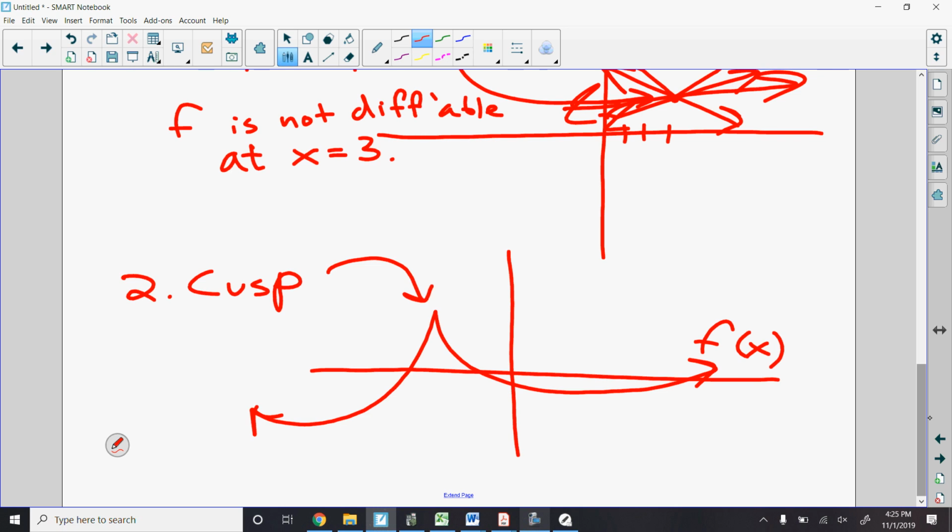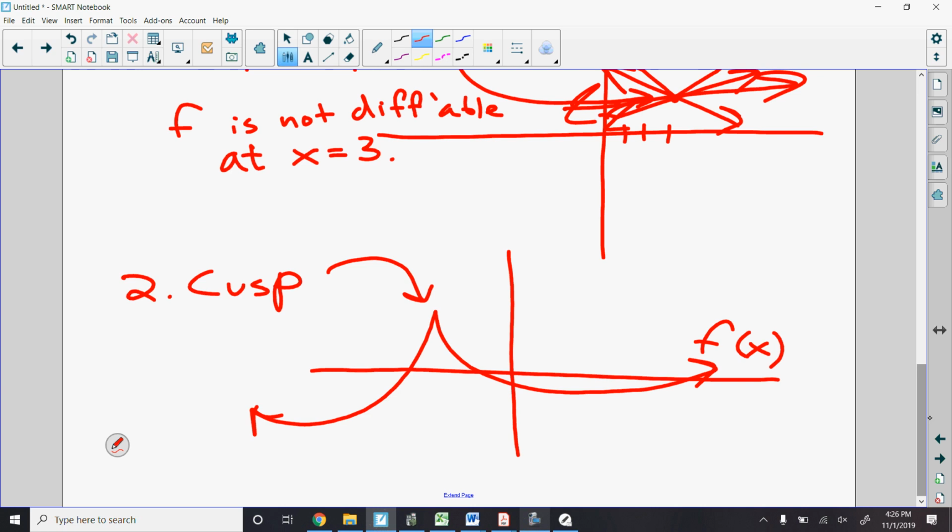Anytime we have a cusp on a graph, we're going to have differentiability problems at that point. Because for the same reason as the corner, I can't match a tangent line right there. The slope changes too drastically at that point. So cusps cause problems with differentiability.